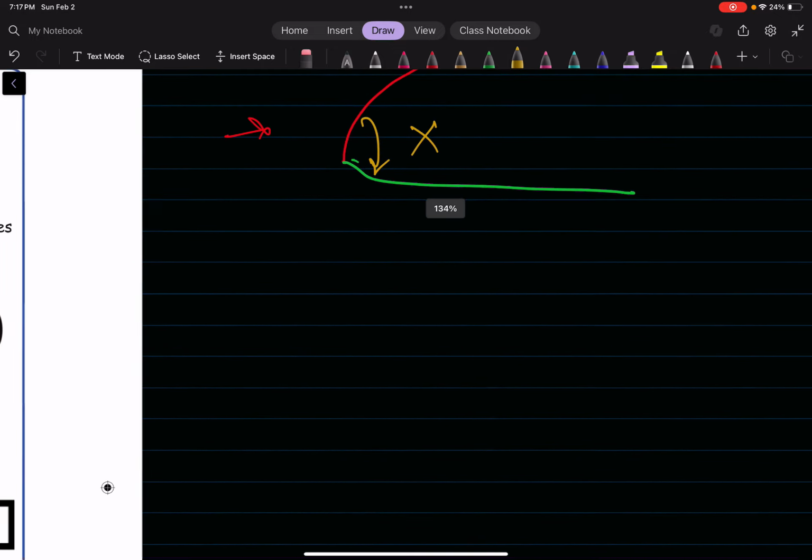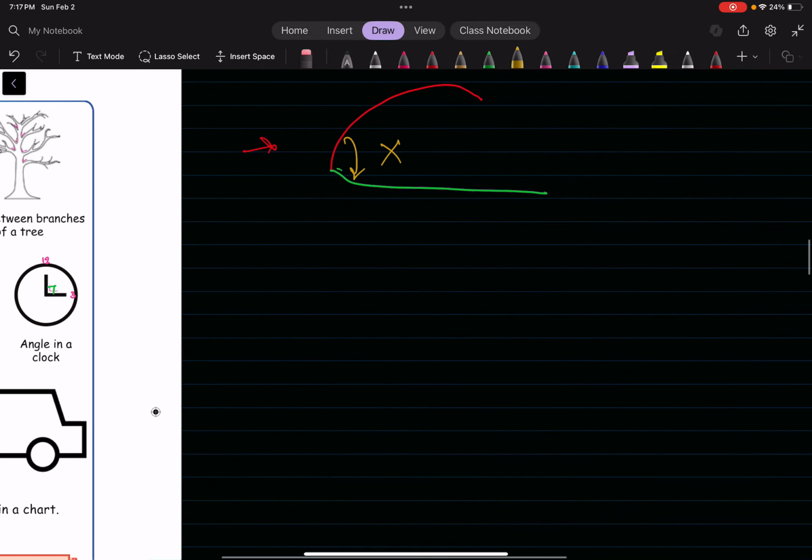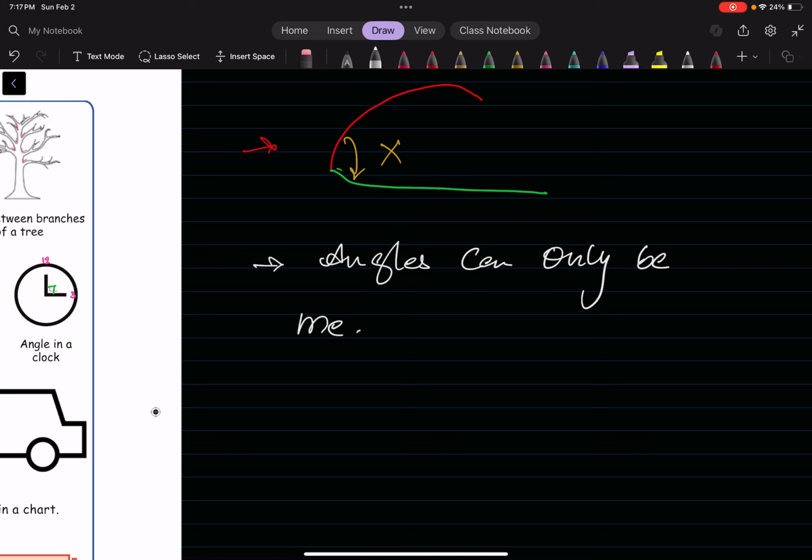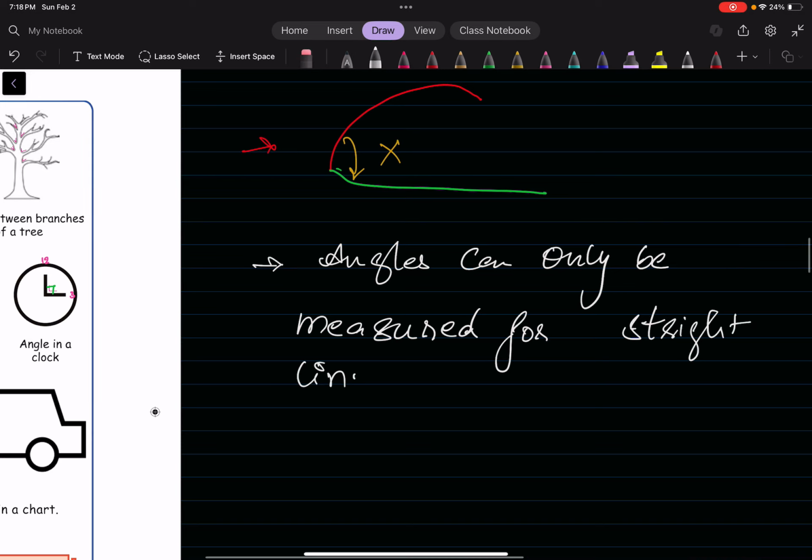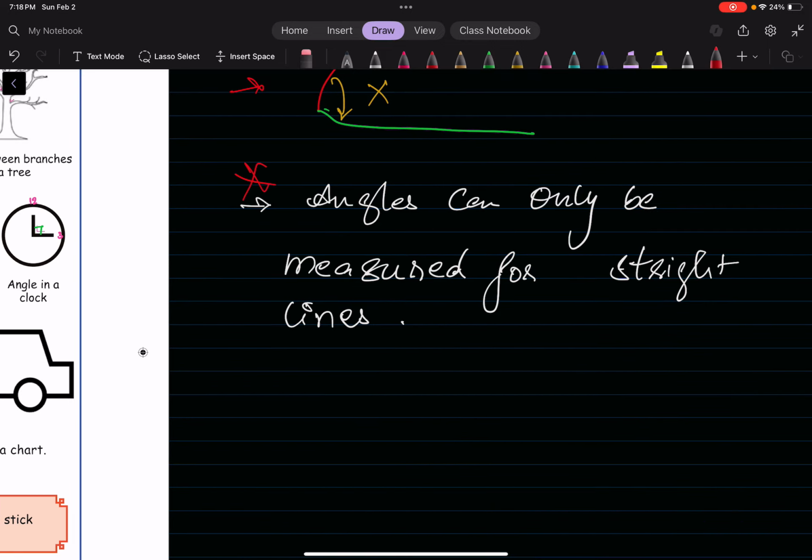Angles can only be measured for straight lines. Okay, this is a very important part, remember.